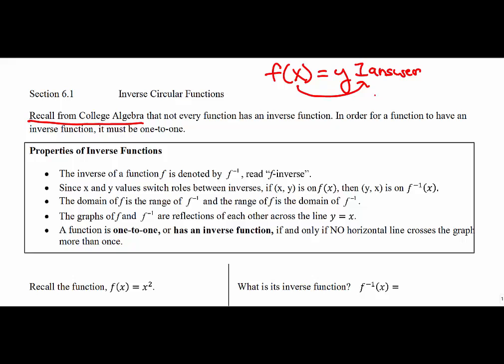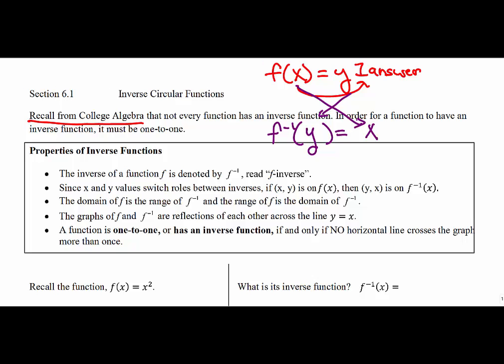Well, not every function has an inverse function. When we talk about inverse functions, we talk about switching around the x and y values. So if I have f inverse, that little -1, the output value becomes the input value, and the input value becomes the output value. So inverse functions reverse the original functions.